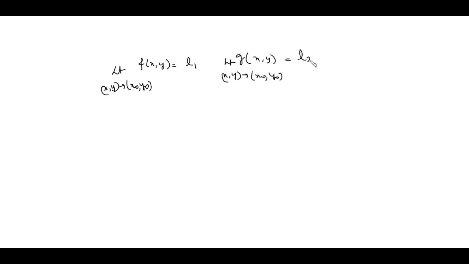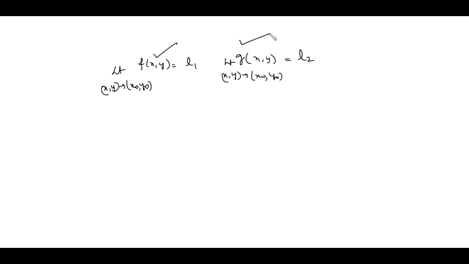Means if we are having f function, if we are having g function, both these functions have the limit at any point x naught comma y naught. Let's suppose this limit is L1, and here this limit is L2.